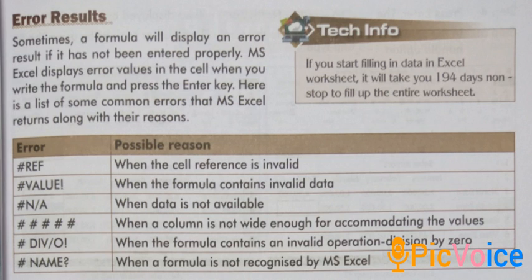Dear students, in MS Excel, errors are displayed if the formula has not been entered properly. MS Excel displays error values in the cell when we write the formula and press the enter key.